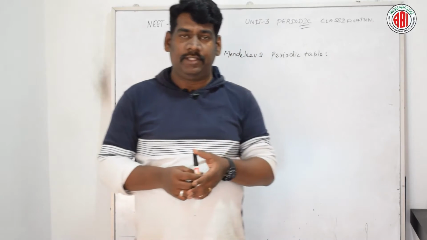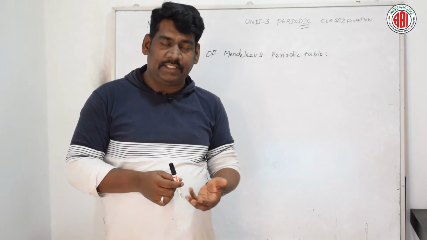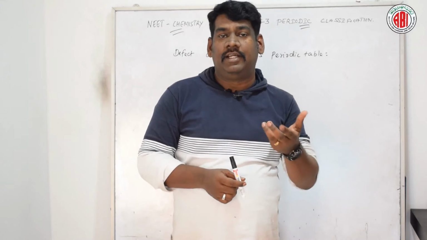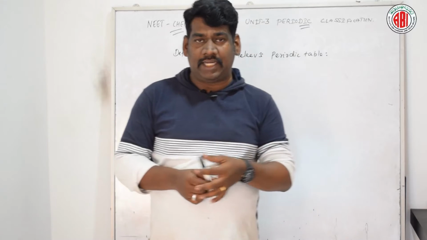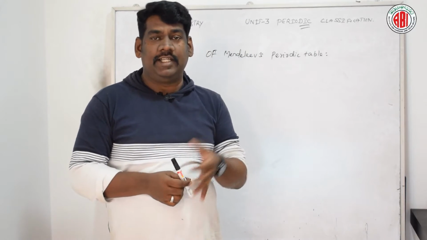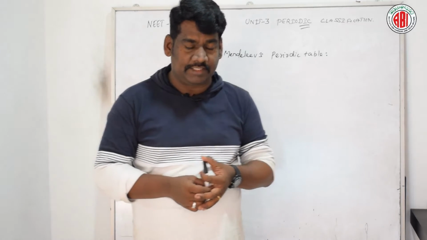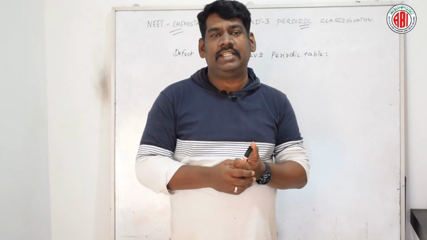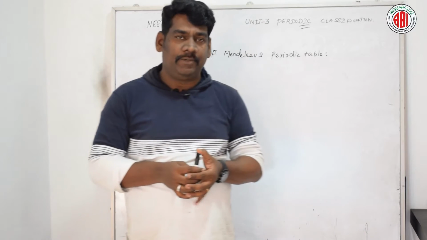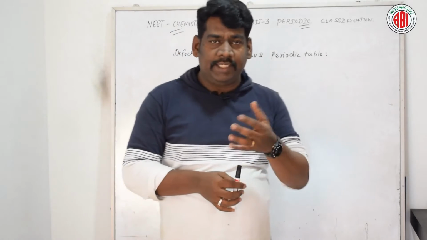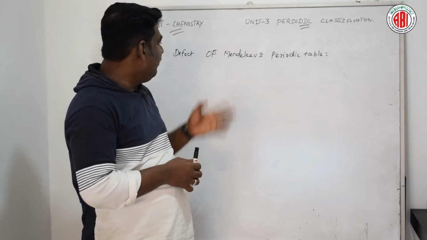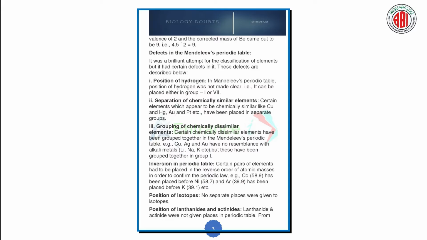We discussed Dobereiner's triads, Lothar Meyer's curve, Newlands' law of octaves, Lavoisier's classification, and de Chancourtois' classification, and finally the Mendeleev periodic table. Today we are going to discuss its major defects.